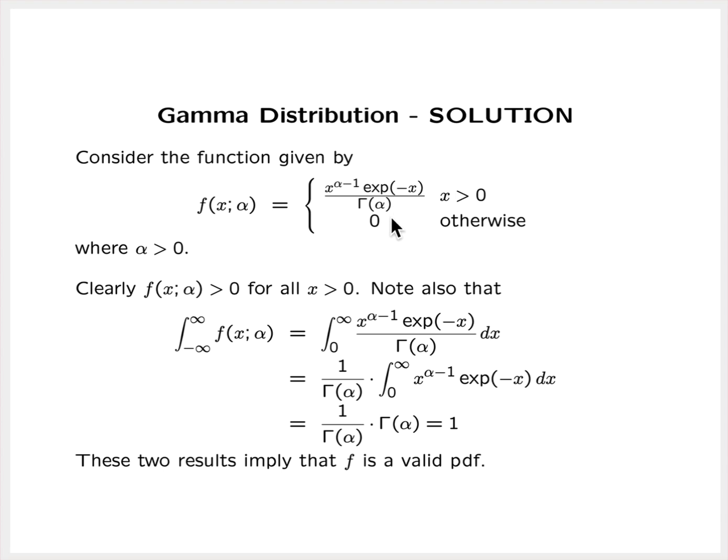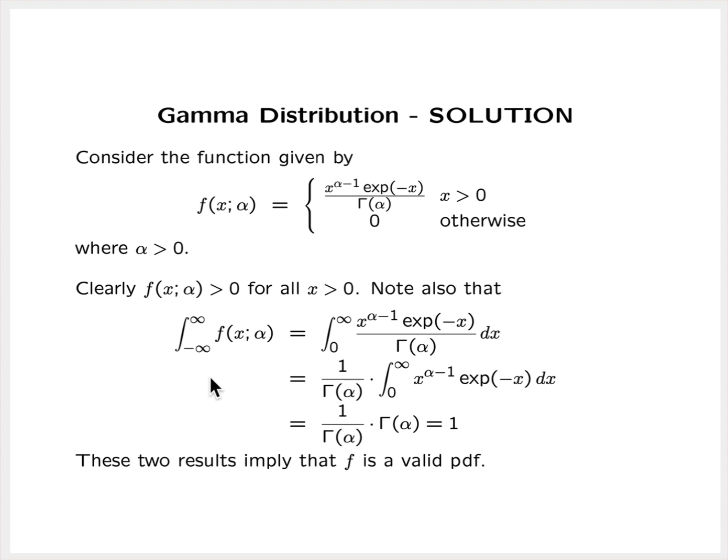And so this expression that applies when x is positive is strictly positive. And in addition, when x is less than or equal to 0, this function is equal to 0. So for any value of x on the real line, this function is non-negative. And so that's one of the criteria that are required to be satisfied by a function that is a PDF.